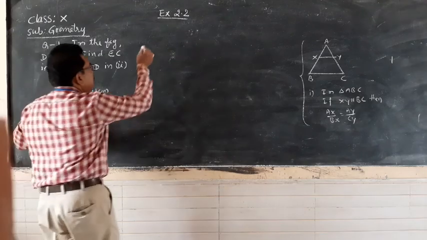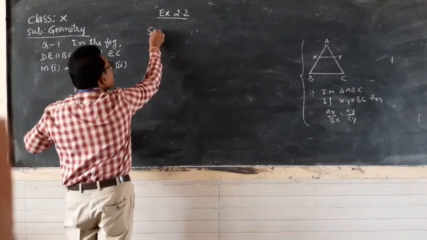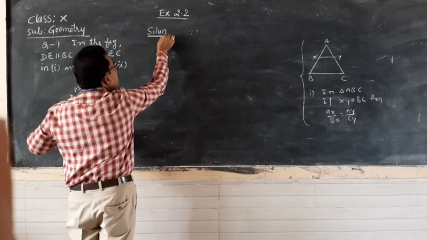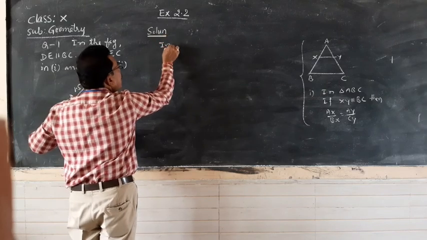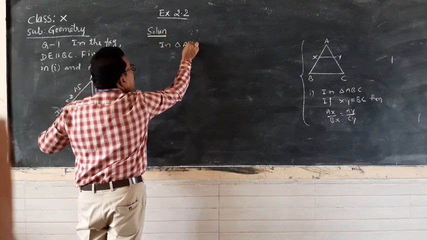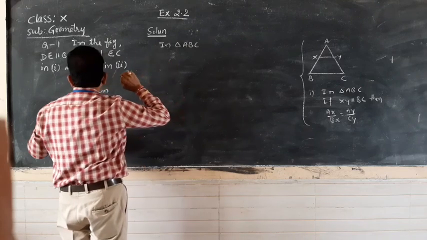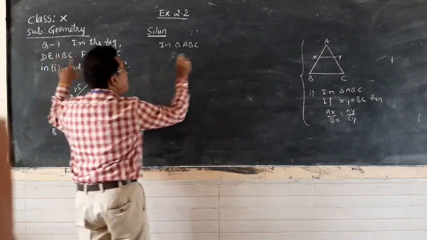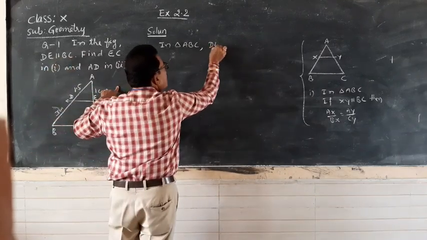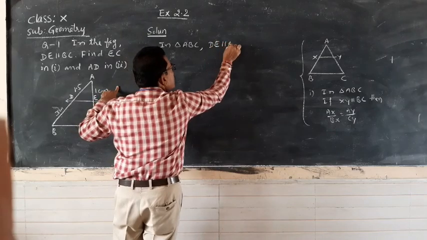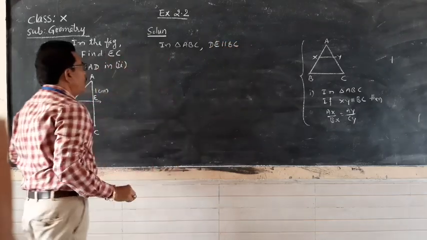In triangle ABC, what they have given is DE parallel to BC.